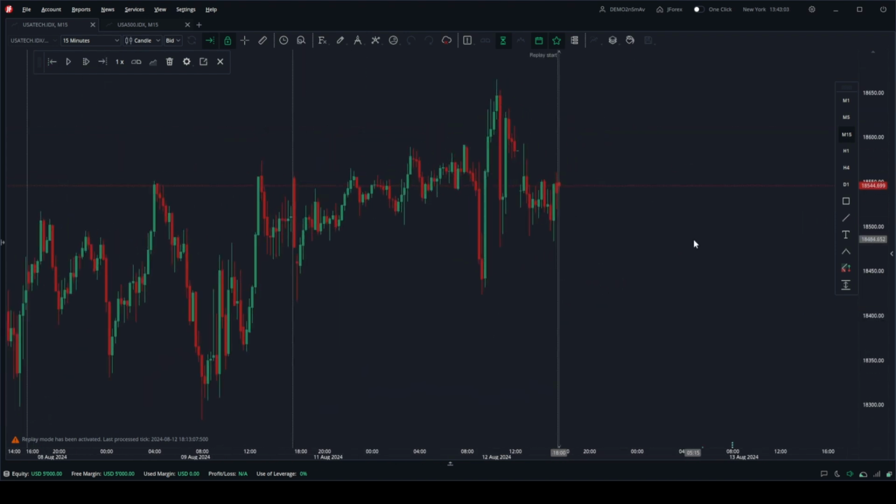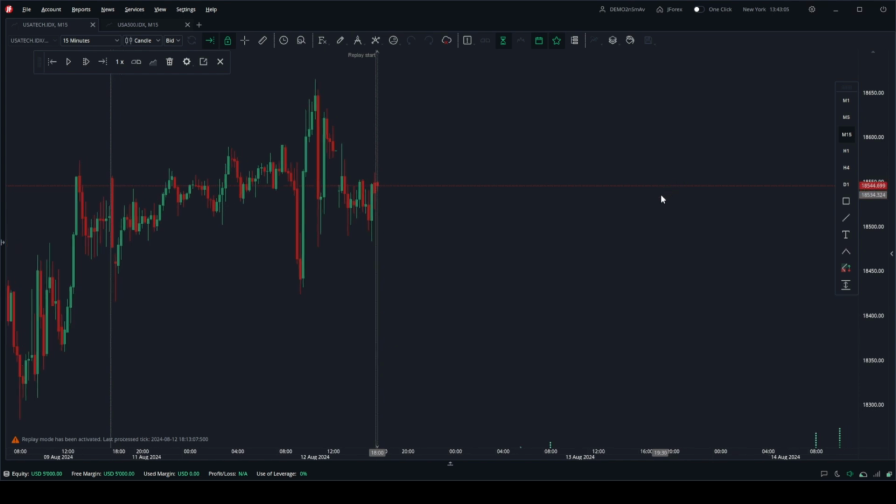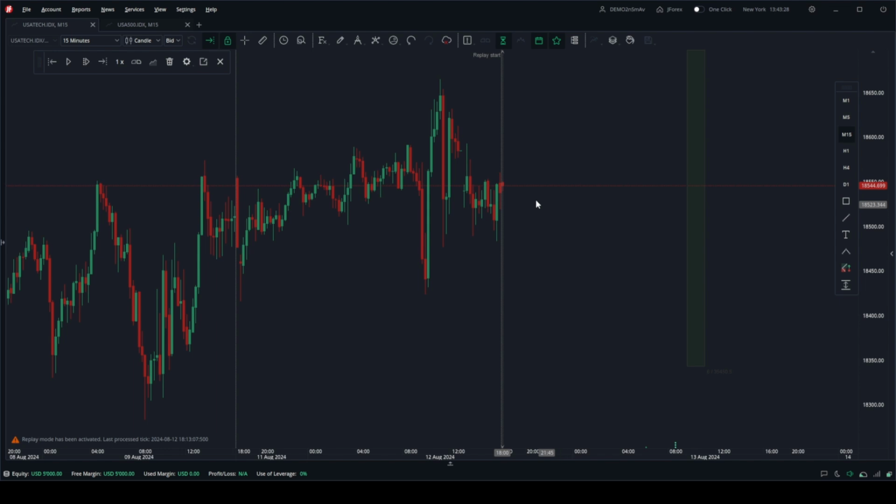And as I told you, the first thing to do is to mark up the trading zone from 9:30 to 11 right here. After marking up this trading session, you have to get back and see how yesterday's price was.